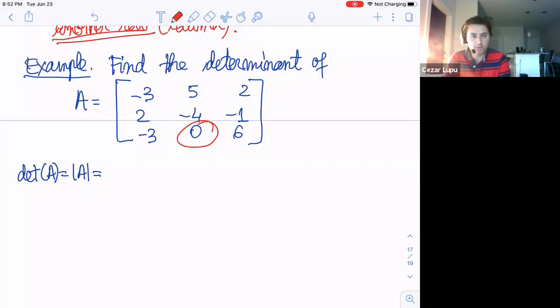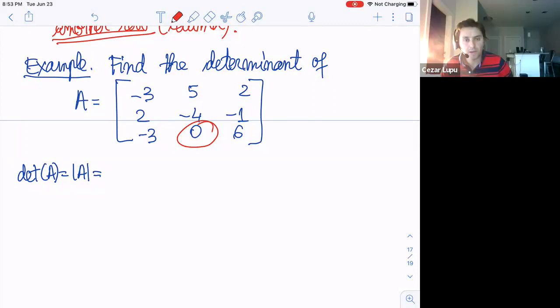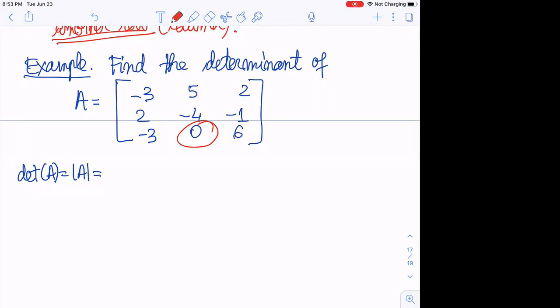So you take the first column and you multiply 2 times the first column and add it to the third column. But do I get any zeros? Yeah, the 6 is going to go to 0.